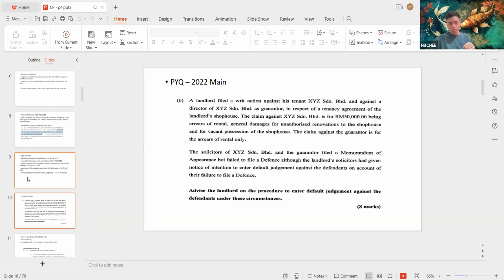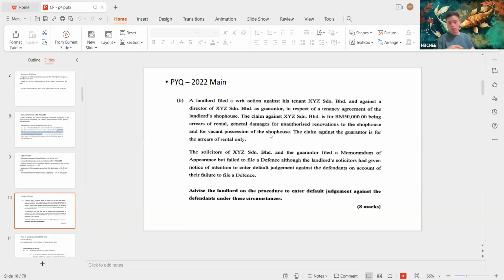You can write out your answer by looking at the facts, what he or she is going to claim. From the facts, you see 50,000 being the arrears of rental. This is the liquidated, and then general damages for the unauthorized renovation. Then vacant possession, so this is for the claim of the immovable property. Then you may start to prepare your answer like this.